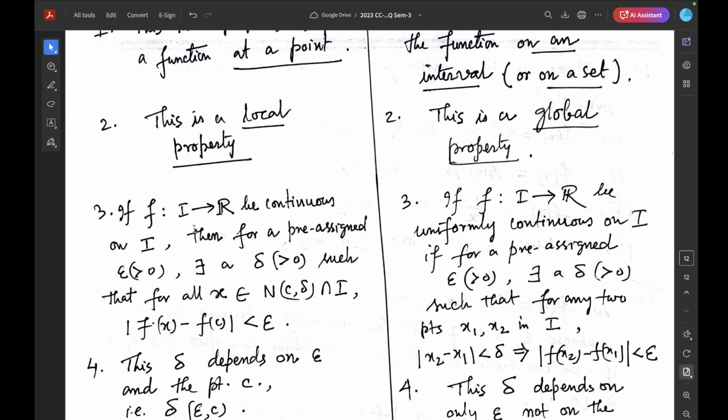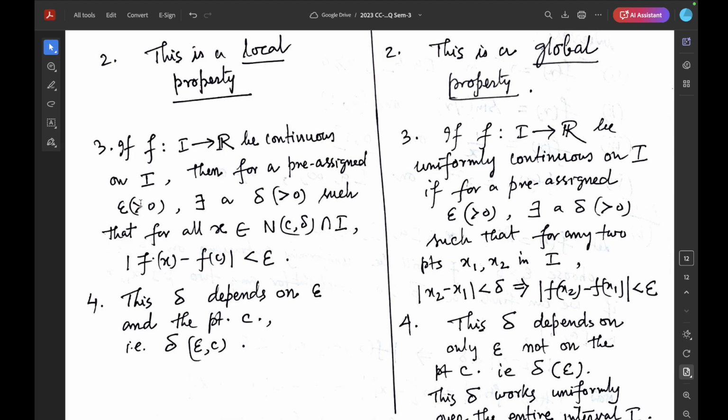The definition of continuity: if f maps from I to R is continuous on an interval I, then for a pre-assigned positive epsilon there exists a positive delta such that for all x belonging to the neighborhood of c with radius delta intersection I, the inequality modulus of f x minus f c is less than epsilon.